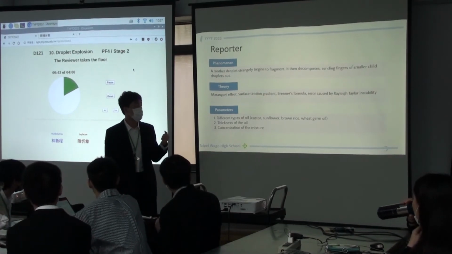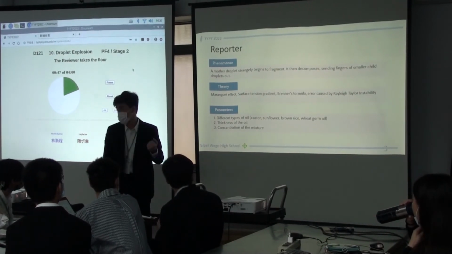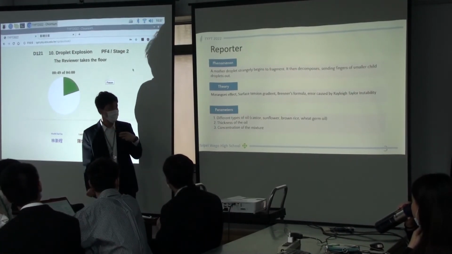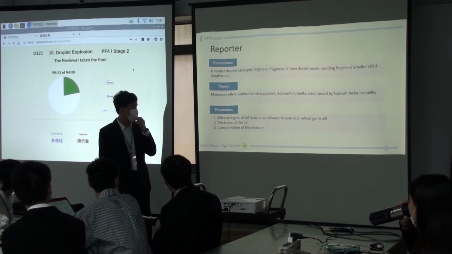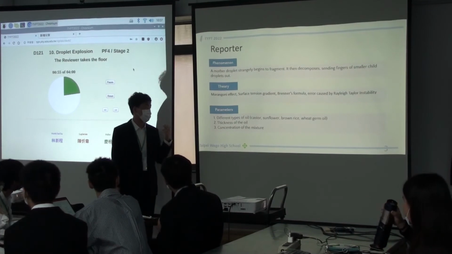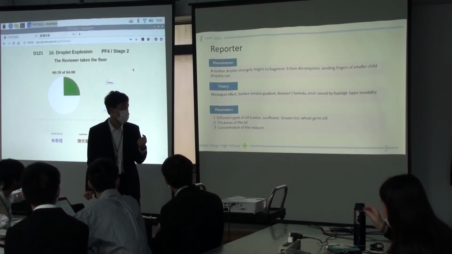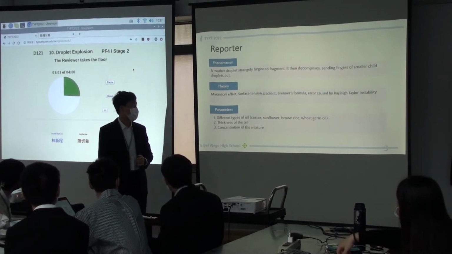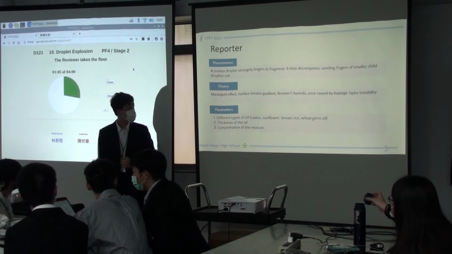They've also mentioned Brunner's formula and error caused by radiator instability. So they seem to have no negative elaboration on that. Their parameters have tested out different types of oil, like castor, sunflower, brown rice, and green germ oil. And they have tested out different thickness of oil and the concentration of mixture.